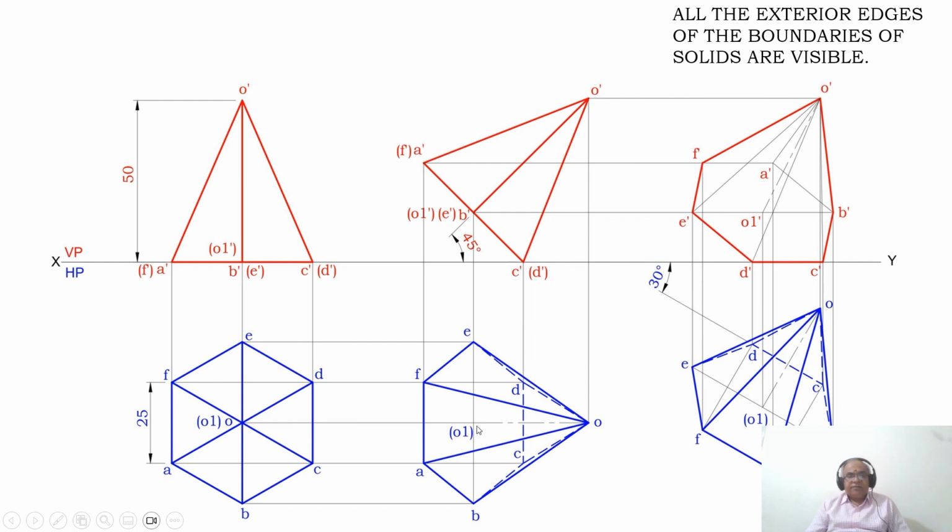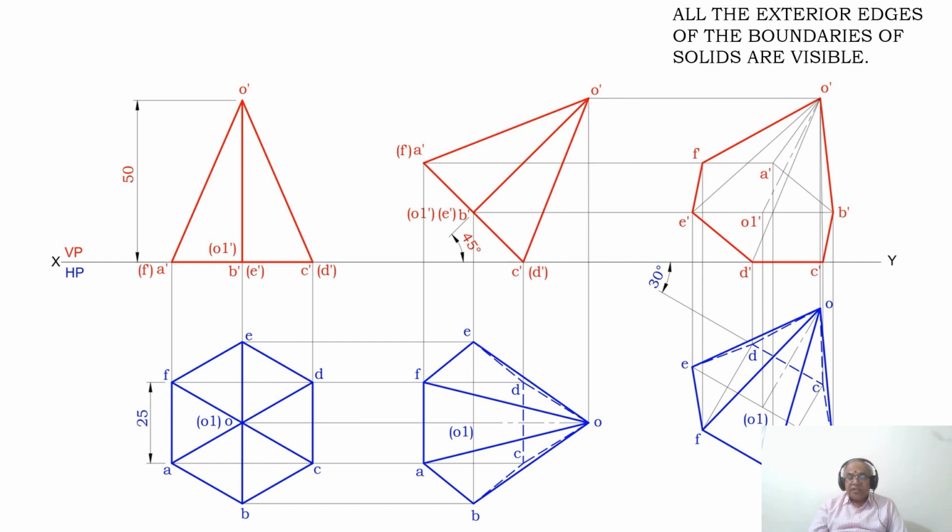Then you measure the distance from this point to B, which is the same as from this point to E, and transfer it from O1: on this side will be B, and on this side will be E. Then you mark all these points A, B, C, D, E, F, and similarly O1 and O. This is how, including all these visible and invisible edges, you copy the same thing here. Once you do that, this is how you will be able to write the third position top view.